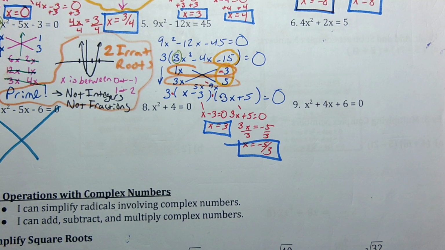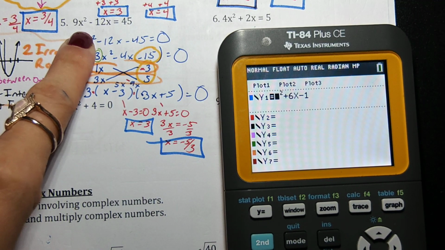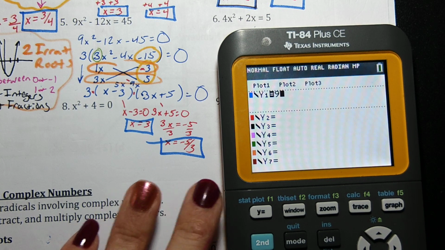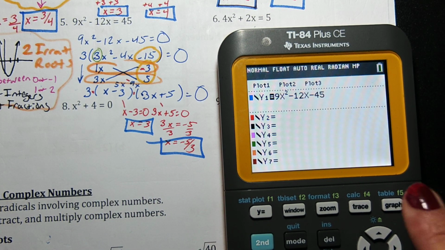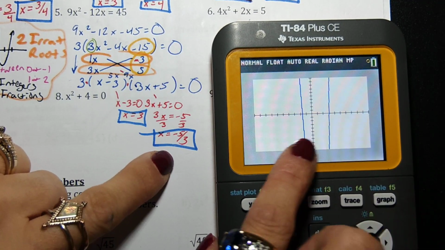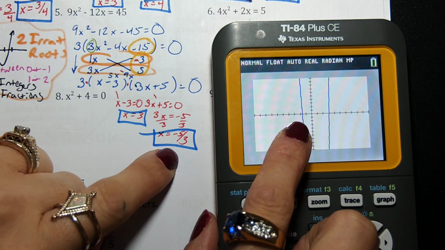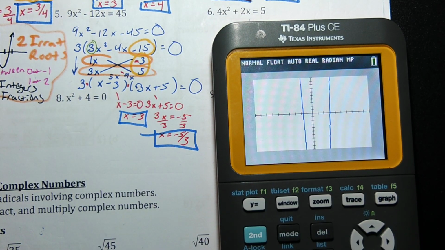Now, would we be able to see those roots on the graph? Would those show up as x-intercepts? Yes. So if I were to type in that equation, 9x squared minus 12x minus 45, we should see a root at negative 1 2/3, that's what negative 5/3 is, and another at 3.